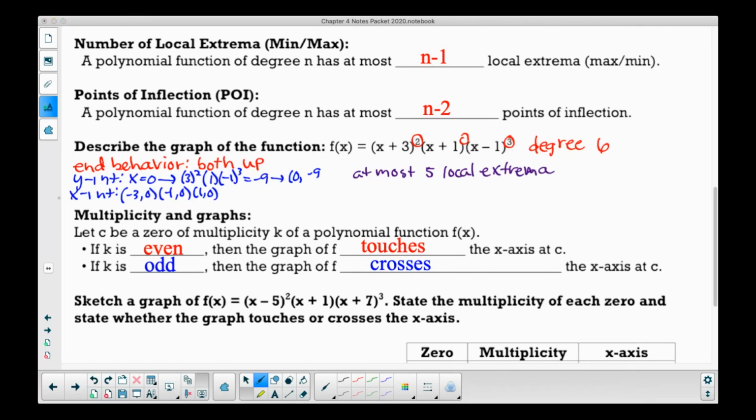Following from that, at most we would have 4 points of inflection. So we can specifically find the y-intercept by plugging in x. We can find the x-intercepts if it's in factored form, or use what you did in 4.2 and find your real roots using the possible rational roots.